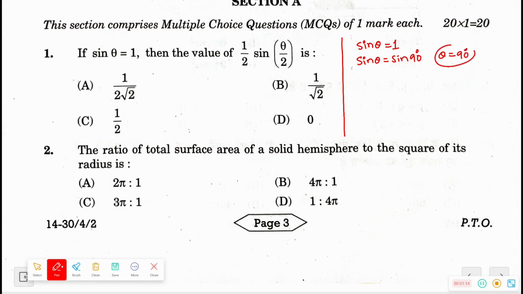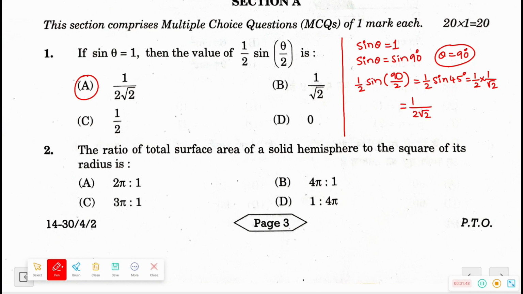Now this theta is equal to 90 degrees should be substituted in the question: 1 by 2 into sine of 90 by 2, which is 1 by 2 into sine 45 degrees. Sine 45 degrees is 1 by root 2. So finally the result is 1 by 2 root 2, which is option A. First question is option A.